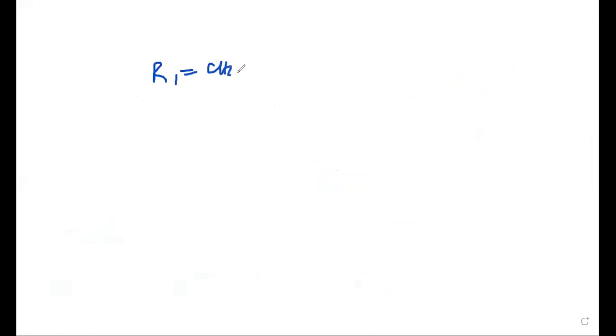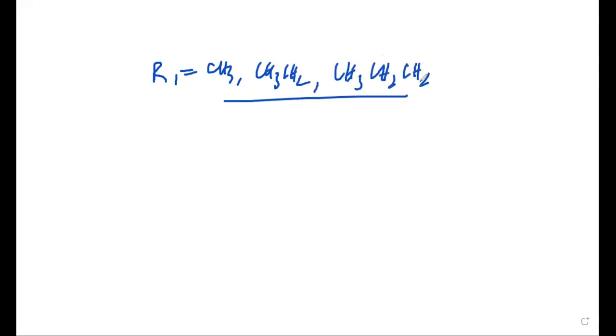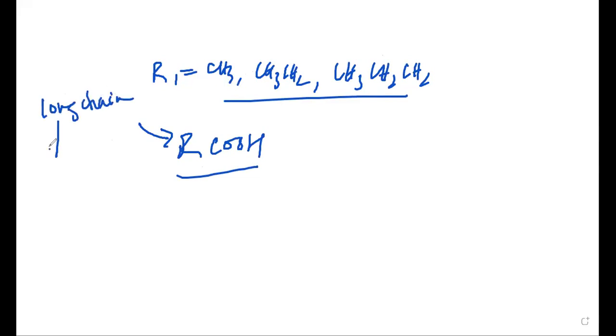R can be CH3, CH3CH2, CH3CH2CH2, whatever it may be. Now, suppose you have RCOOH, this R may be a long chain or a short chain. But if it is a long chain, it is insoluble in water.